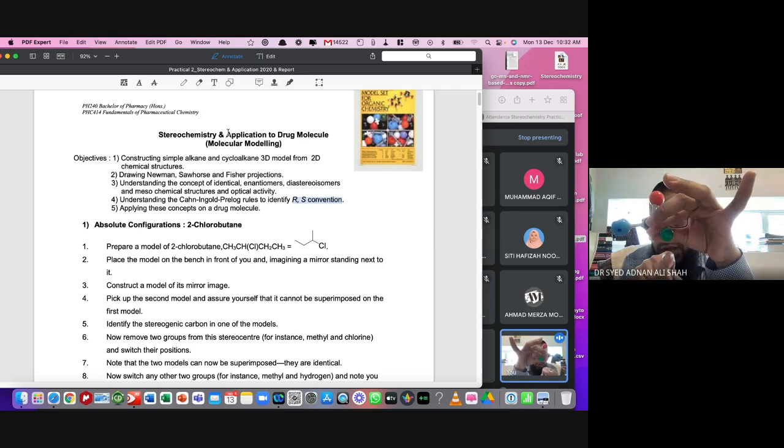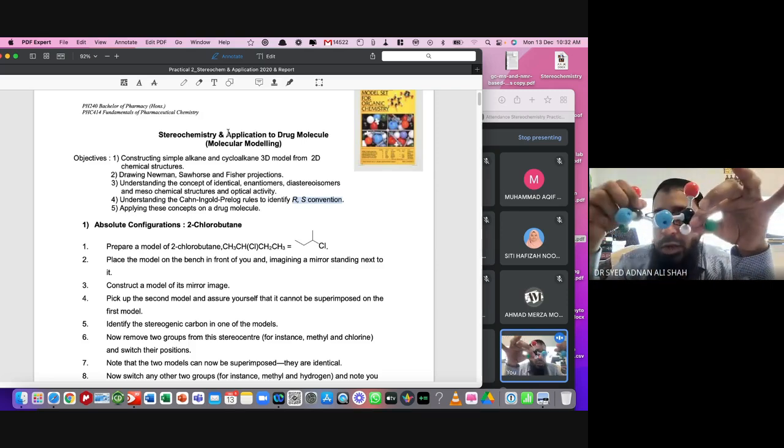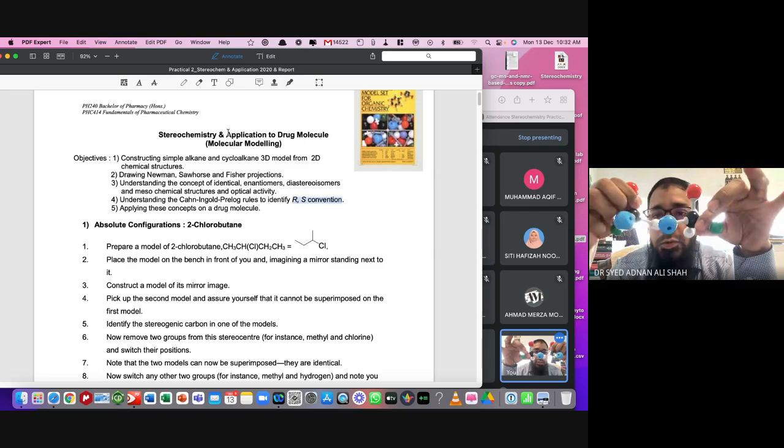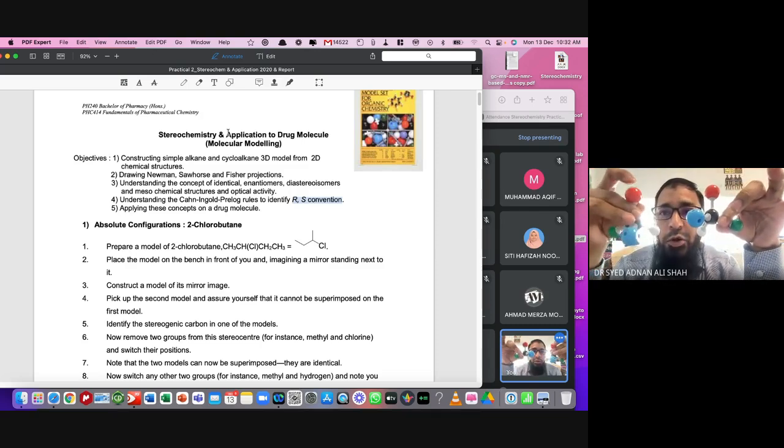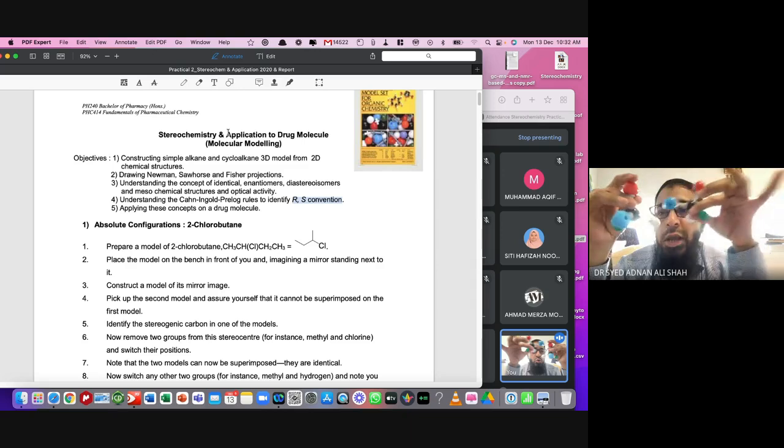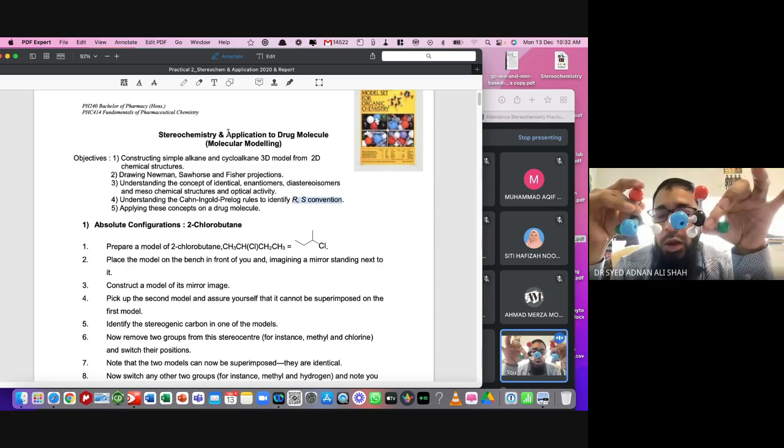So this one is R, and this one is S. You can see the priority levels 1, 2, and 3: one is clockwise and the other one is anti-clockwise. Clockwise is R and anti-clockwise is S. So far, okay?